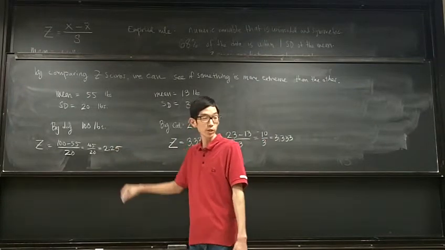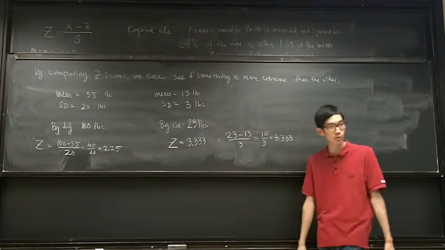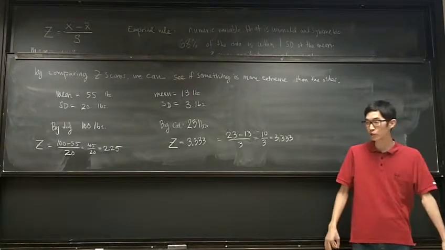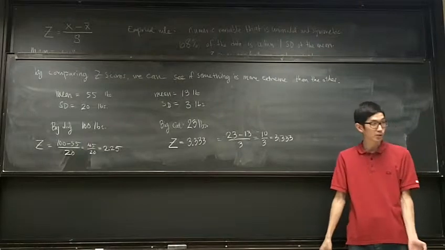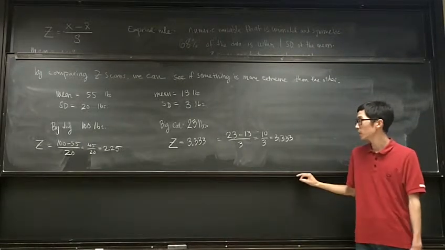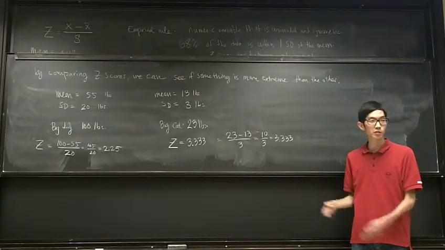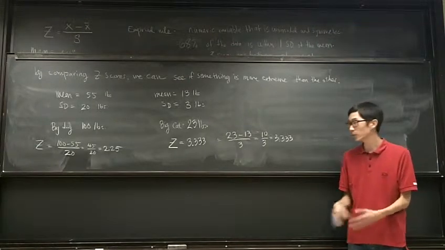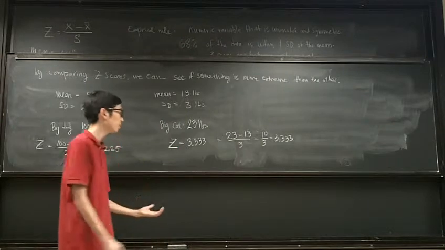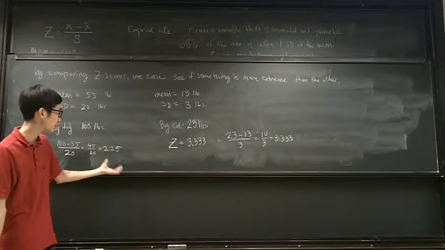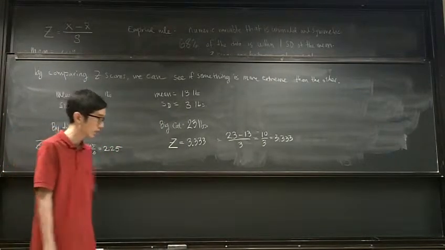Both of these are pretty impressive, okay? Generally, z-scores of more than 2 or more negative than minus 2 are considered unusual. Because what did we say? How much is within 2 standard deviations of the mean? About 95%. So only about 5% has z-scores larger than 2 or more negative than negative 2.